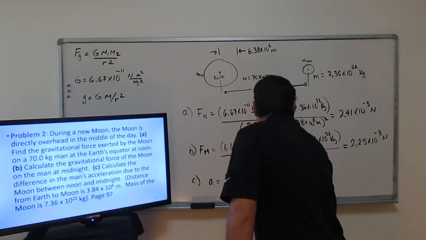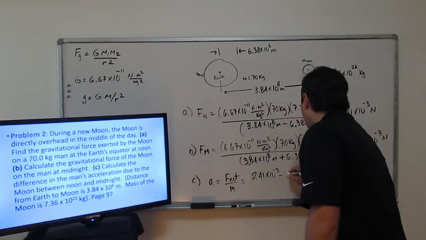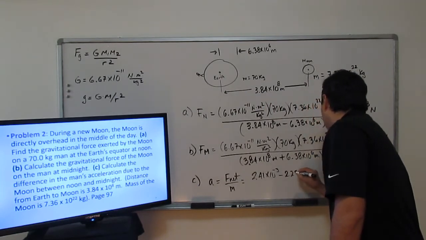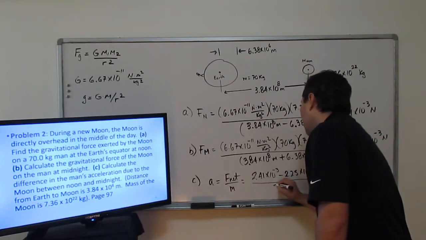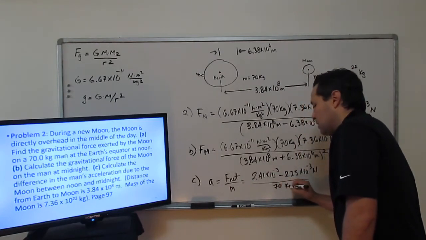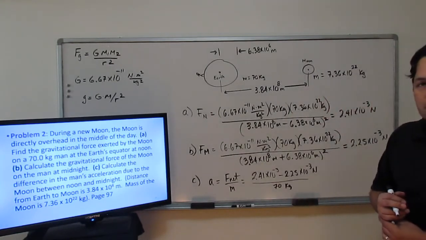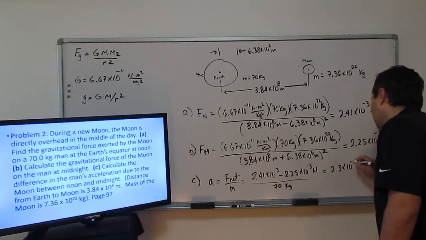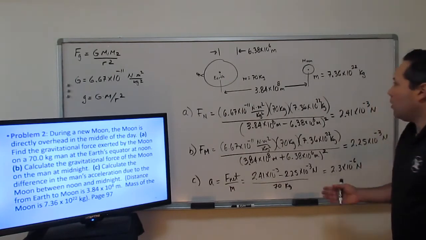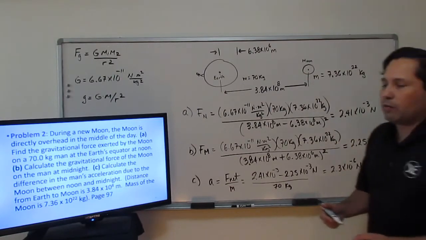It's going to be 2.41 times 10 to the negative 3 newtons minus 2.25 times 10 to the negative 3 newtons, all divided by the mass of the man, which is 70 kilograms. And for that one, the answer is going to be 2.3 times 10 to the negative 6. So that takes care of parts A, B, and C for problem number 2.